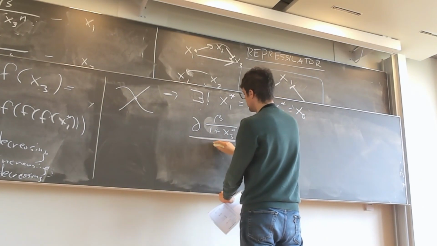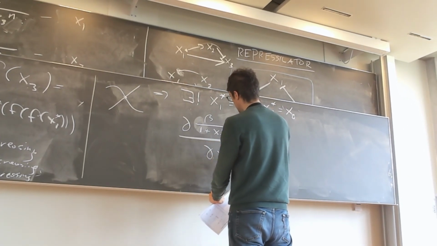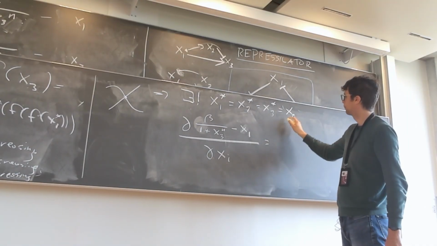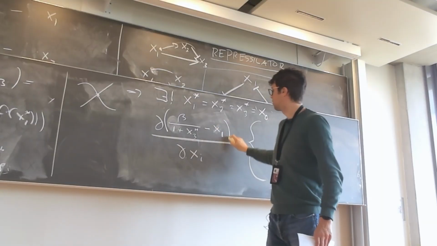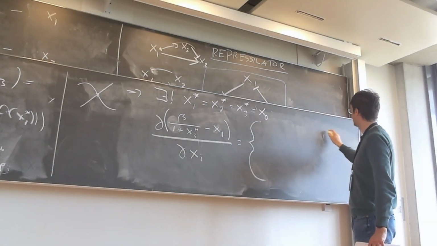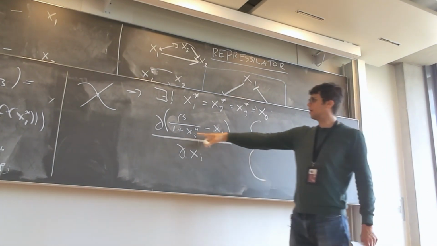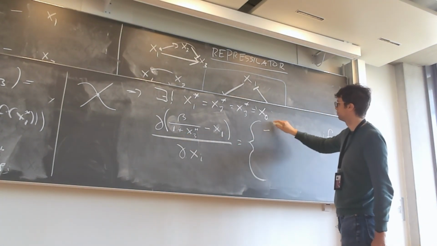Let's derive this with respect to the different xi's: x1, x2, x3. If we're deriving this term with respect to x1, this disappears because it doesn't depend on x1. So we only have minus 1.